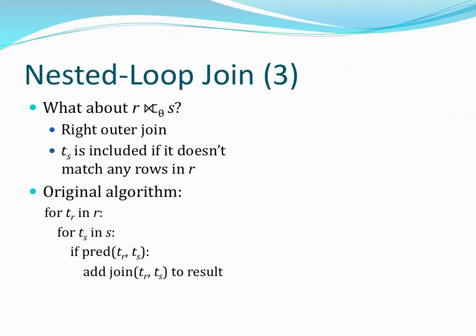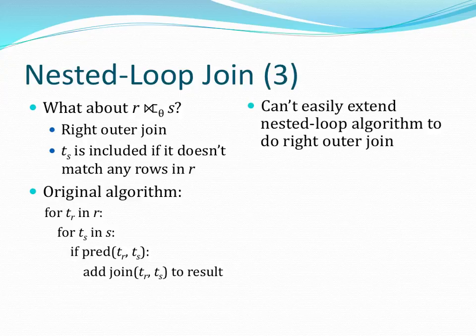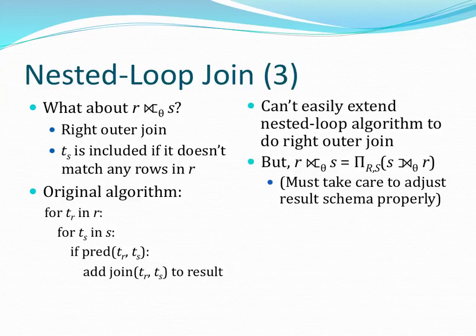Yeah. So that's basically what you have to do, because there's no easy way of changing this implementation to do right outer join. But the nice thing is we have an equivalence rule we can take advantage of. R right outer join S is the same as S left outer join R, as long as we make sure that we do an appropriate project to produce the results in the appropriate order of columns. So then, once we have left outer join, we can easily do right outer join. Okay? So that's that.